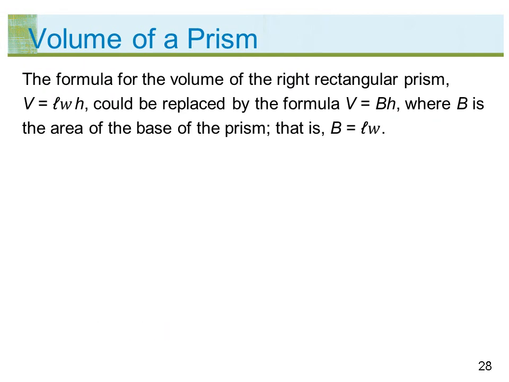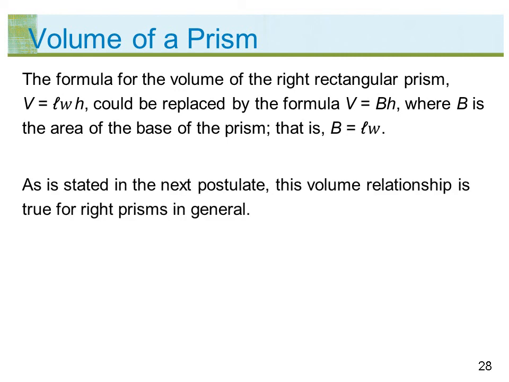The formula for the volume of the right rectangular prism, V equals LWH, could be replaced by the formula V equals BH, where B is the area of the base of the prism. That is, B equals LW. As is stated in the next postulate, the volume relationship is true for right prisms in general.